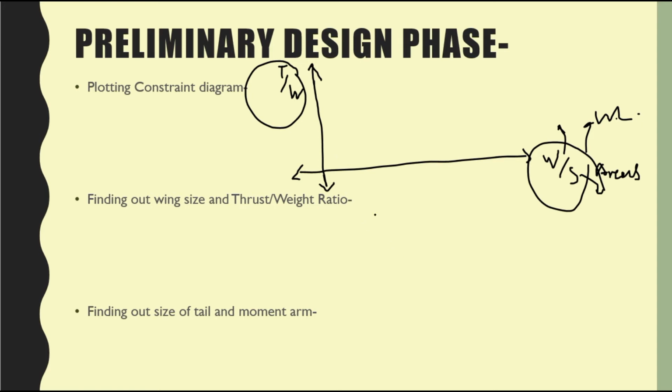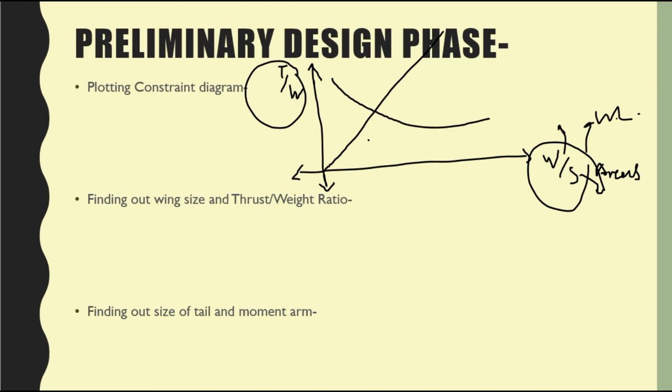Now this constraint diagram gives you a relation between thrust to weight ratio and wing loading for different requirements of aircraft. For example, we have a different constraint for maximum velocity, so it will give you a graph like this. If you have a constraint for takeoff run, it will give you a graph like this.